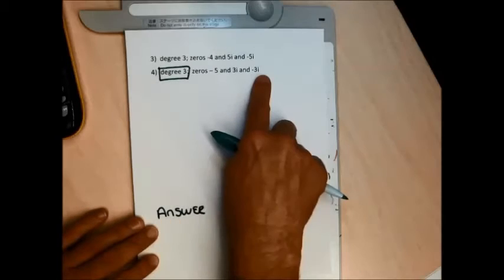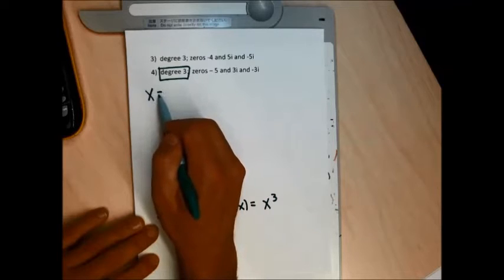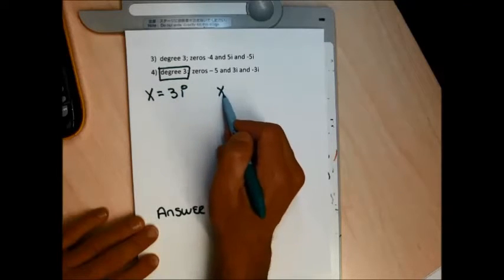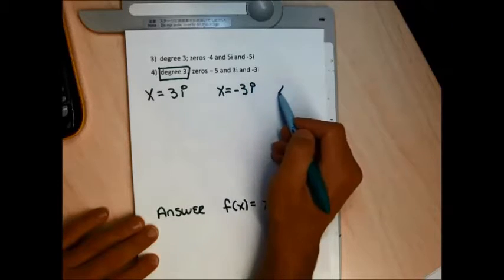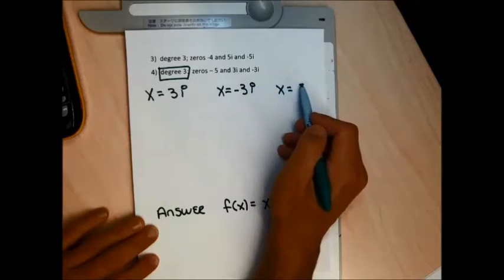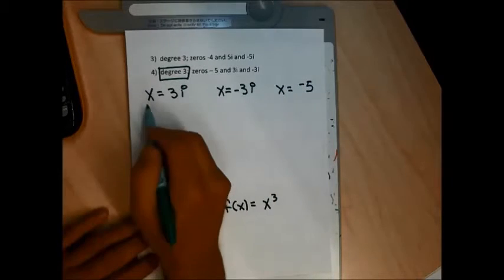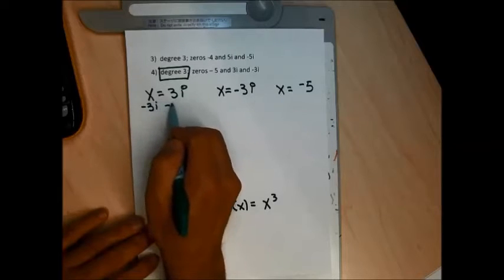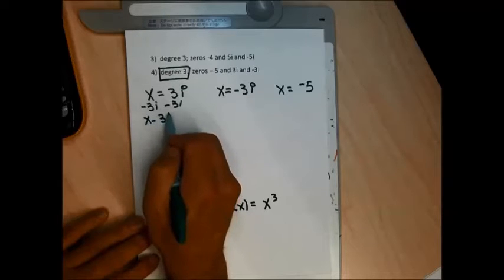I have 3 zeros. I should do the i's first. So the zeros need to be x equal to 3i, x equal to negative 3i, and x equal to negative 5. Just like I did in problem 2, I'm going to set each of these equal to 0. For this one, I'm going to minus 3i from both sides and get x minus 3i equal to 0.